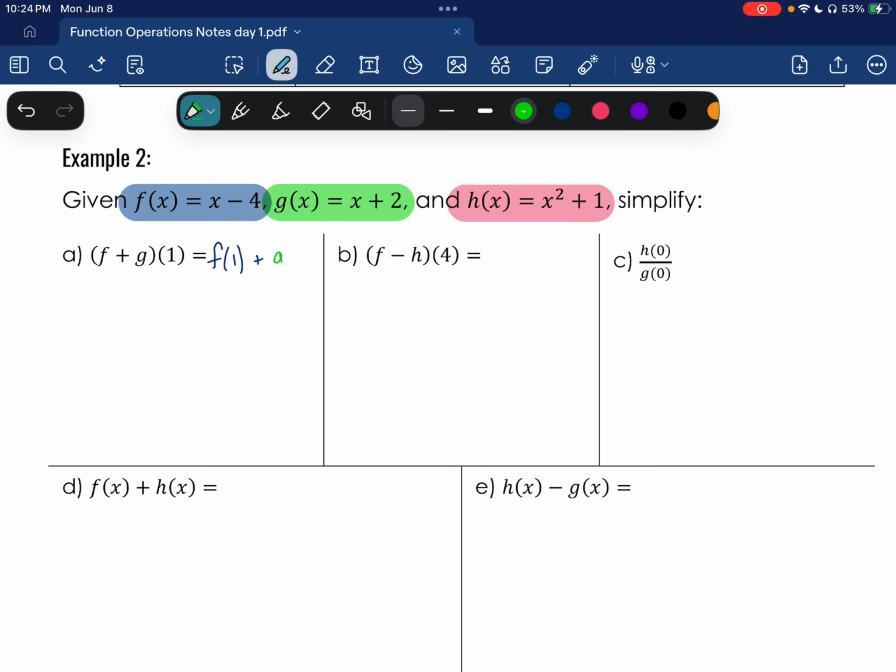So put this in. f at 4 is going to look like 4 minus 4, minus 4 squared plus 1. And so this is 0 minus, 4 squared is 16, plus 1 is 17. So this will be negative 17.